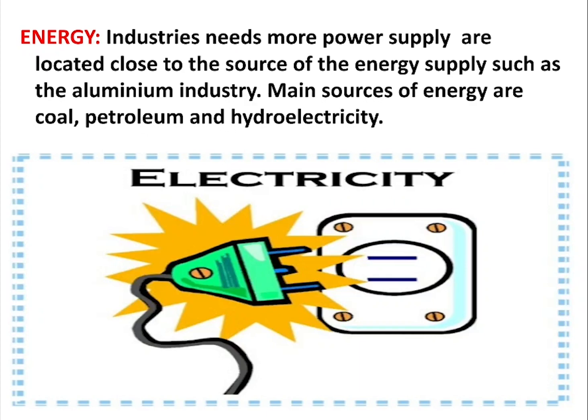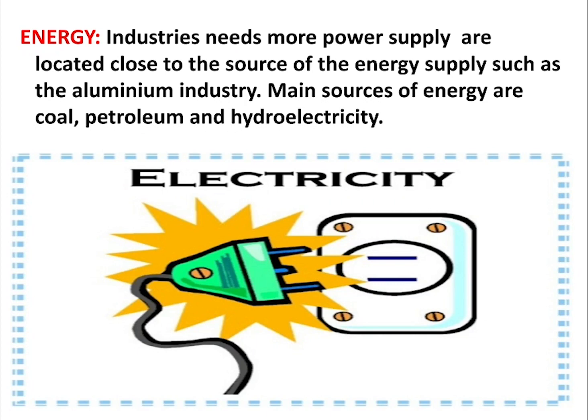To convert bauxite to aluminum, a huge amount of power is needed. Therefore, one of the main factors that affects the location of such industries, like aluminum, is the source of power.